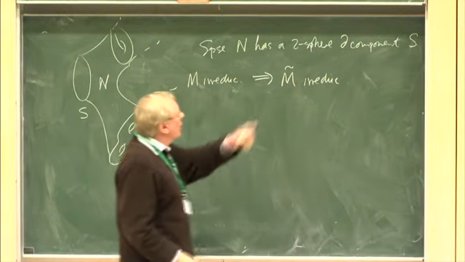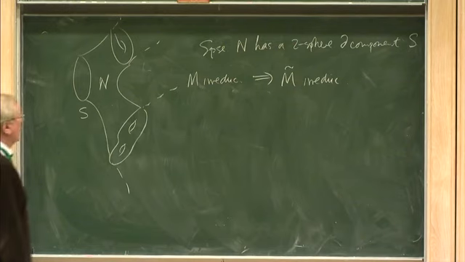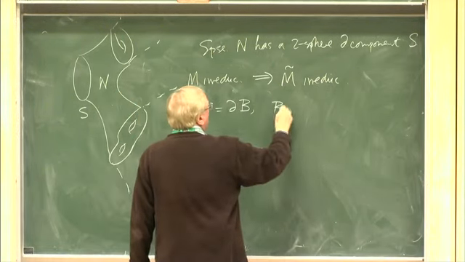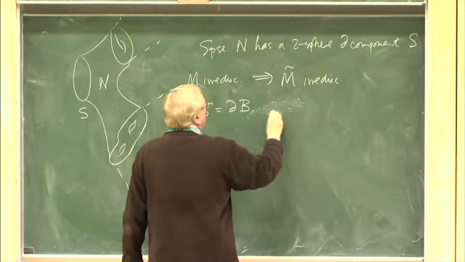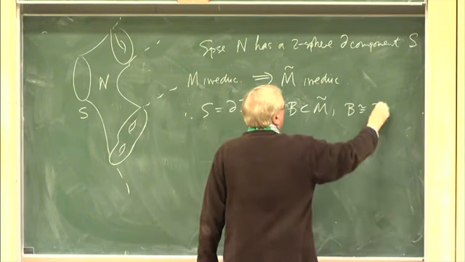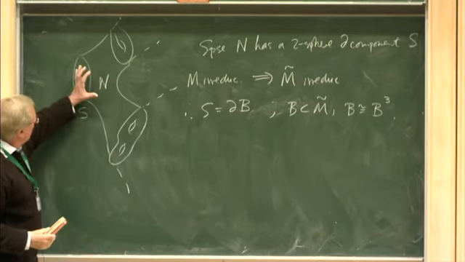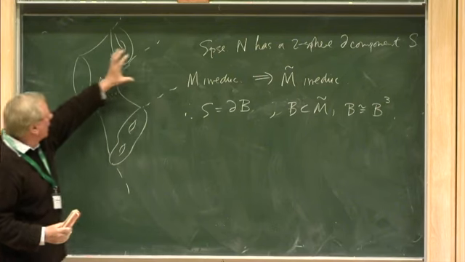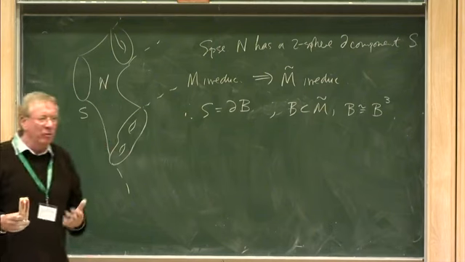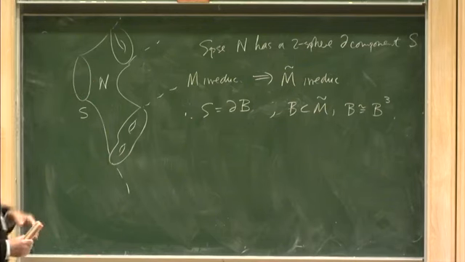So that means that this two-sphere bounds a three-ball in M tilde, right? So therefore S, the boundary is B. Now, if you think about it, this B could not contain N, because in that case, pi 1 of N would factor through pi 1 of B, which is trivial, but pi 1 of N is H, and H is non-trivial.